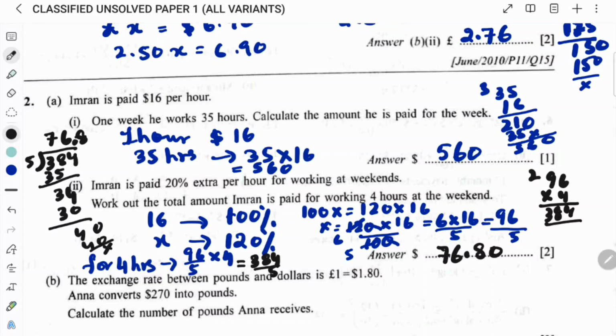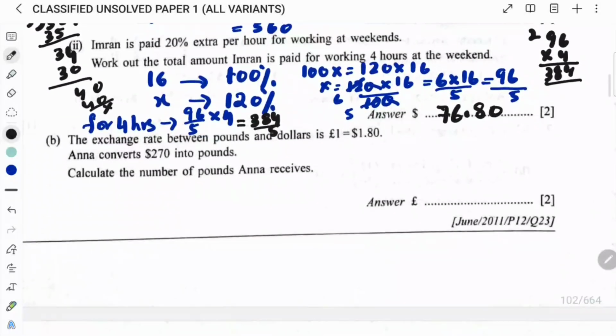All right. Part B. The exchange rate between pounds and dollars is £1 equals $1.80. Anna converts 270 dollars into pounds. Calculate the number of pounds Anna receives. All right. So 1 pound is $1.80 and $270.